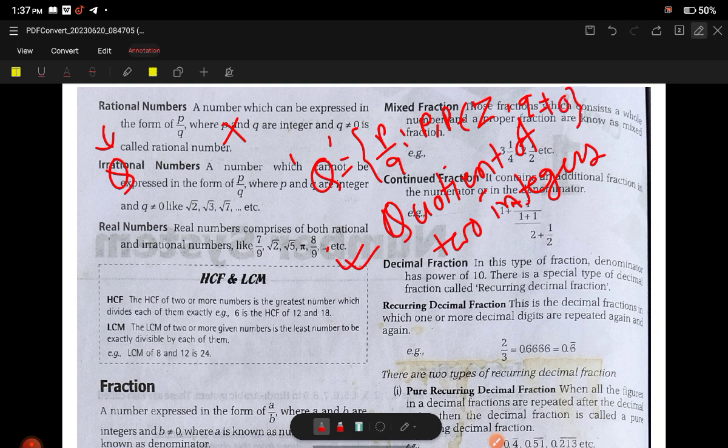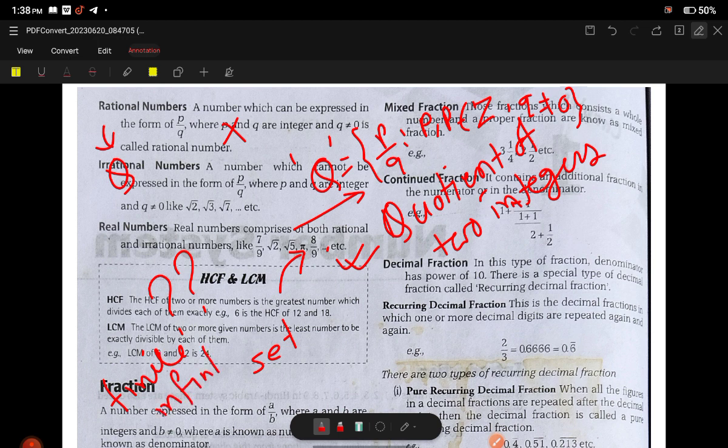You know, this is called a set. A set is a collection of some elements, and each one is called an element. A set may be finite or infinite.